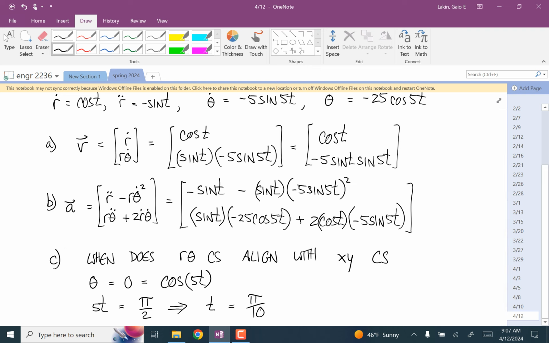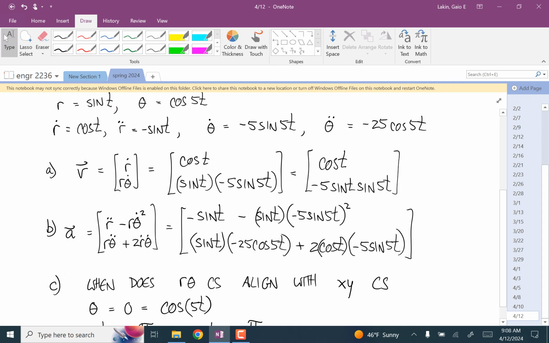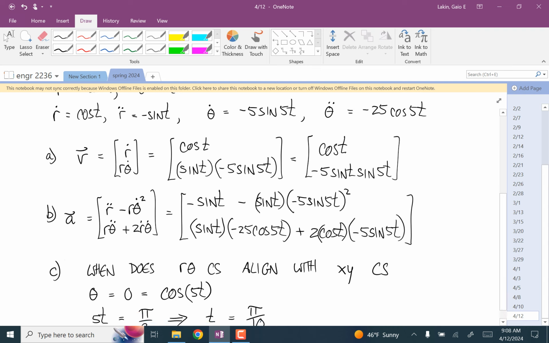But we just figured out that that's exactly the same orientation as the xy coordinate system. And so in this case, we don't have to do any changing. We can just plug in pi over 10 into our formula, and that, because they're aligned, gives you the xy components. Are you with me on that? Or is that a little hazy?